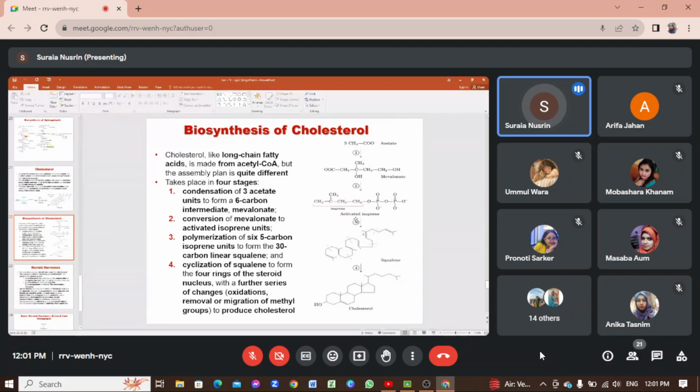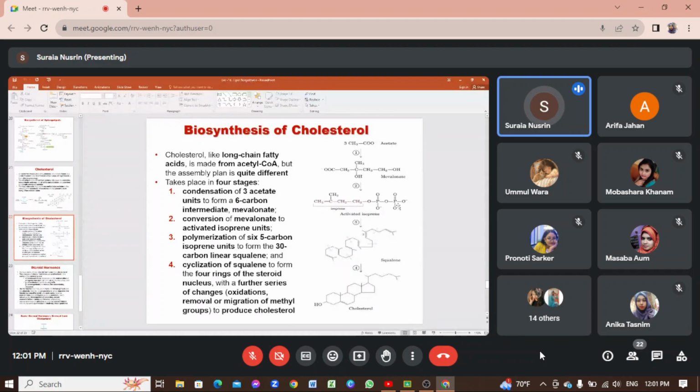Now, in the next step, 6 molecules of the activated 5-carbon isoprenes are polymerized. That means one by one, they are added to each other and give rise to a 30-carbon linear molecule, which is called squalene. Okay, it is still linear.